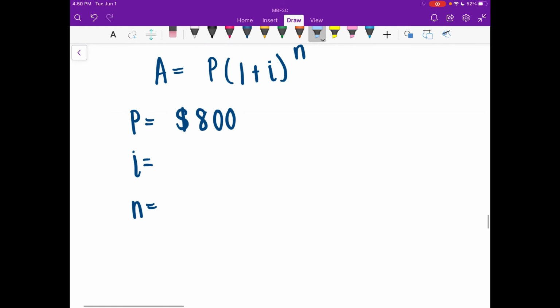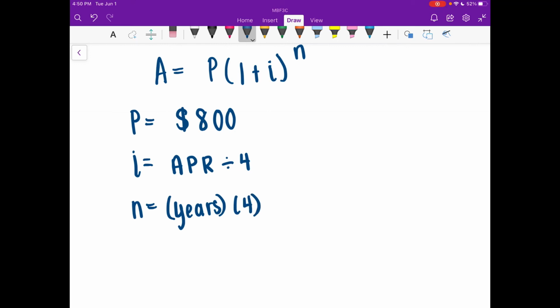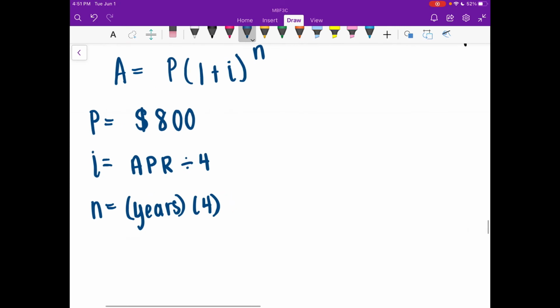So let's use those values here. I is going to be the annual interest rate, which is just APR divided by 4. And N is going to be years times 4. So one's going to be divided by 4, one's going to be times 4. Let's calculate our interest first.